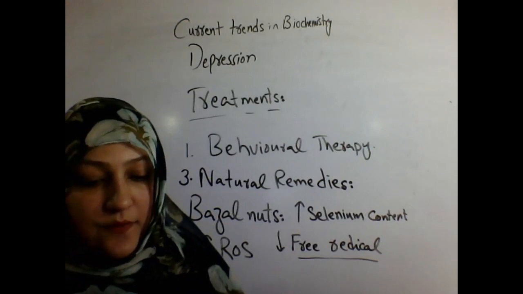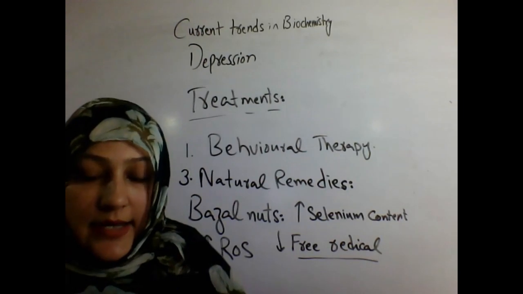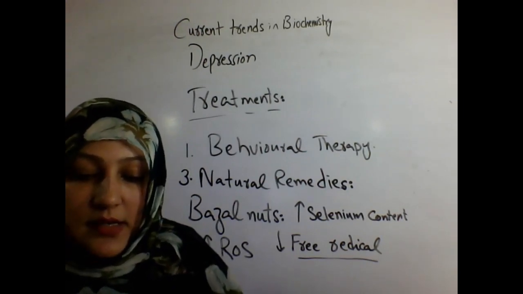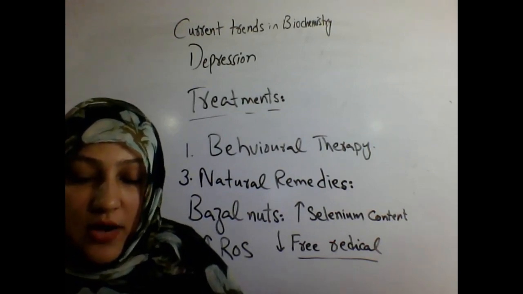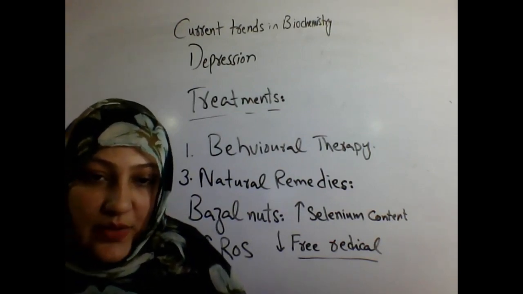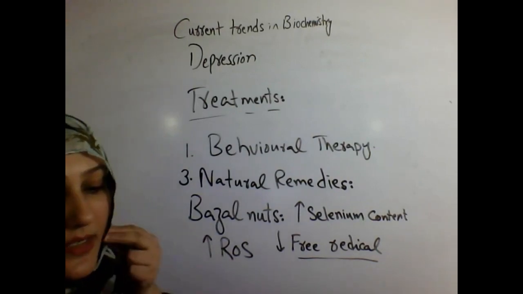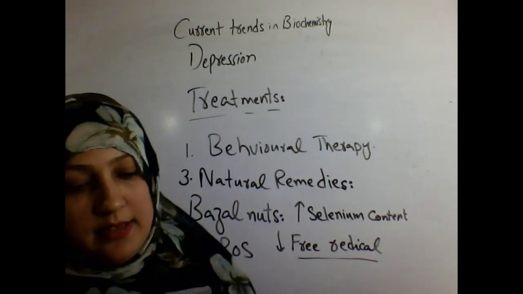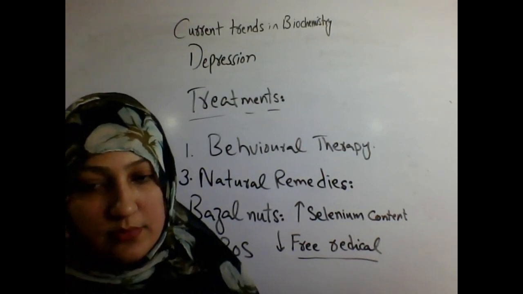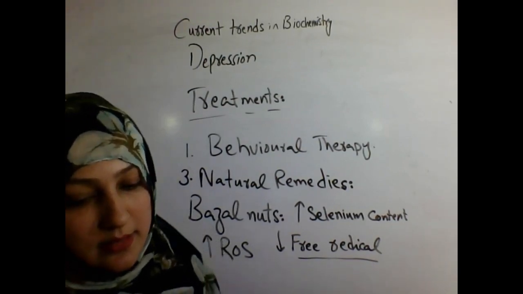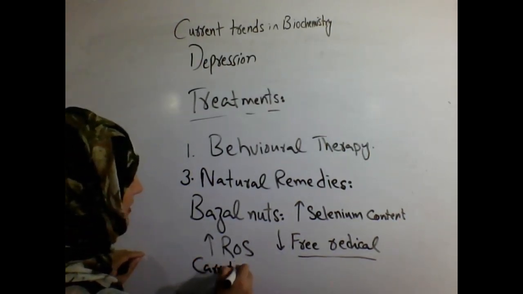Sunflower seeds, seafood, and brown rice are rich in selenium, and they help sequester the reactive oxygen species (ROS) present in depression patients. By taking these natural remedies, the depression disorder can be ended.